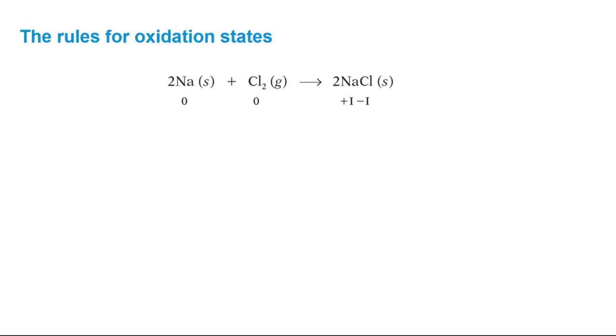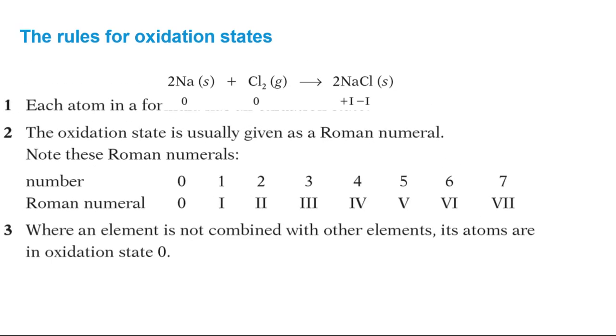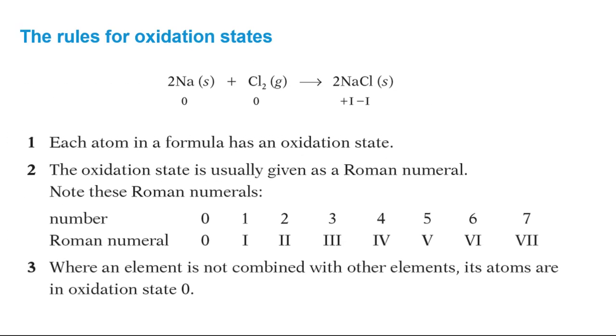There is a set of rules for identifying and representing oxidation states. Rule number 1. Each atom in a formula has an oxidation state. Here in sodium chloride, sodium has oxidation state +1, chlorine has oxidation state -1. So each atom in a formula has an oxidation state.